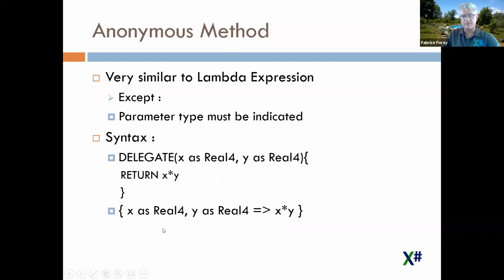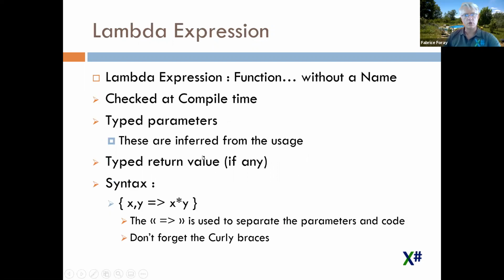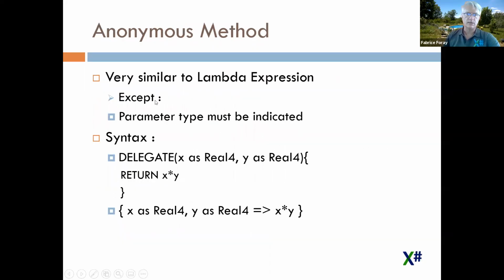So this time we have something very similar to the previous one, except that you have to specify the type in the writing. Again, if I go back to the previous slide, in a Lambda expression, parameters are typed anyway. It's just that the compiler will do the job and check the needed type of the parameter.